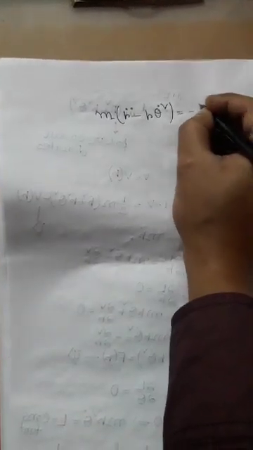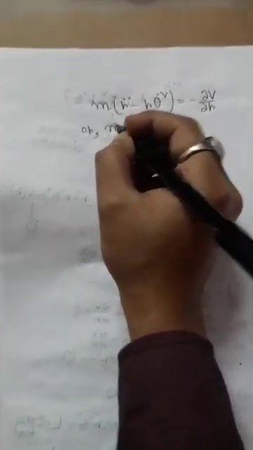Now we previously said that the total mechanical energy of a particle in a central force field remains constant. From this equation we can prove it. How? First of all, we write down the radial equation of motion, m times (r double dot minus r theta dot square) equals f(r), say minus del v del r.